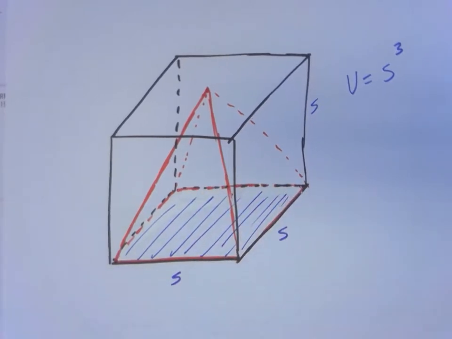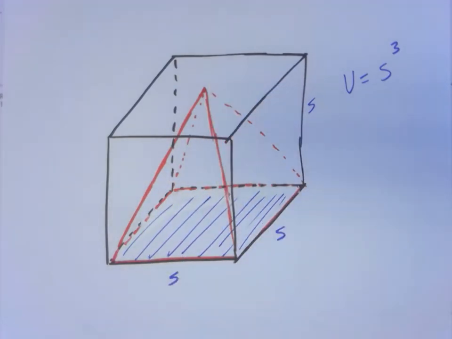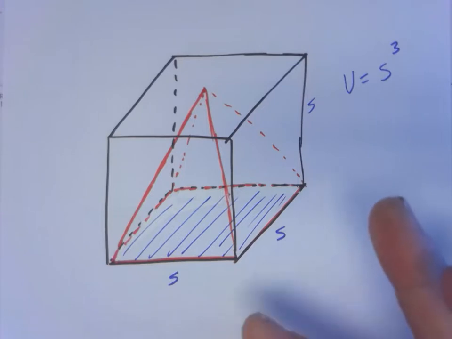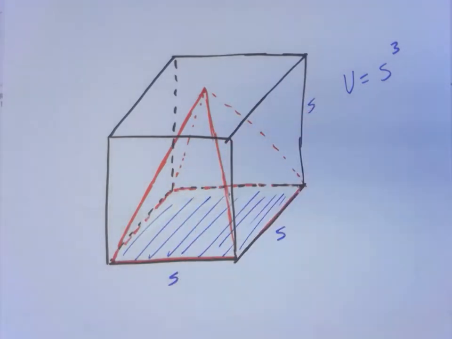That pyramid doesn't take up all the volume of the cube, does it? We have some space all around the upper part left over, and it turns out that the volume of the pyramid is 1/3 the volume of the cube.